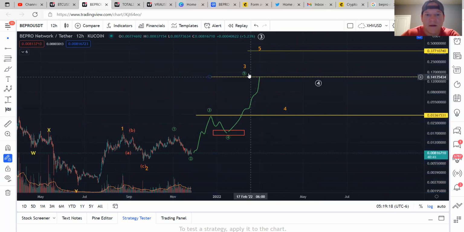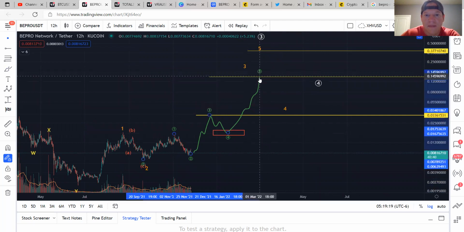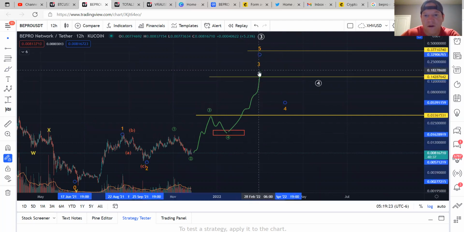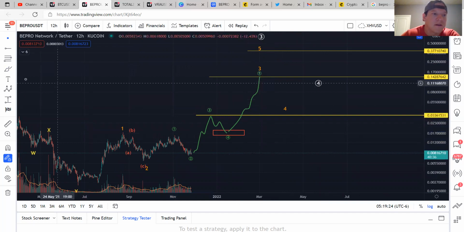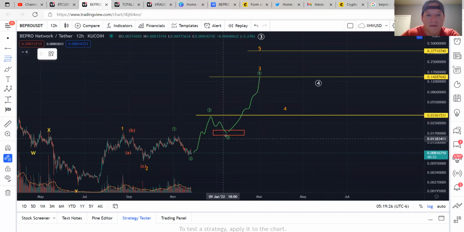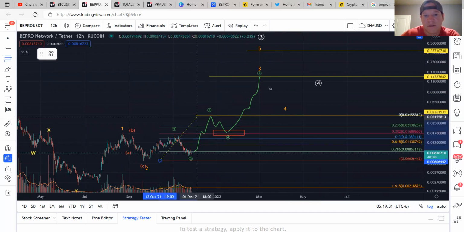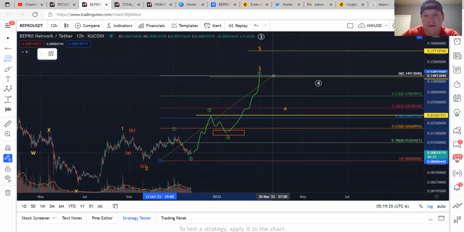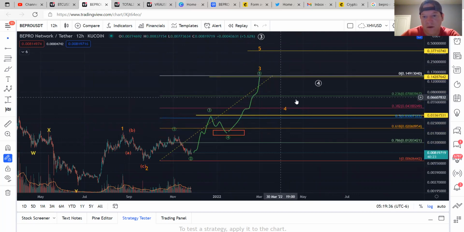And then we should expect a correction here to take it from your bottom of your 1 up to your top of your 5 to get roughly where this thing will correct to.